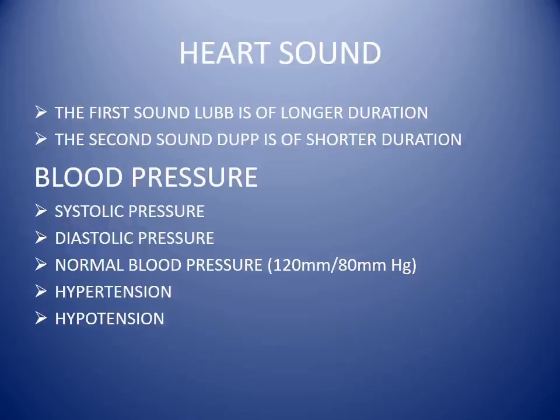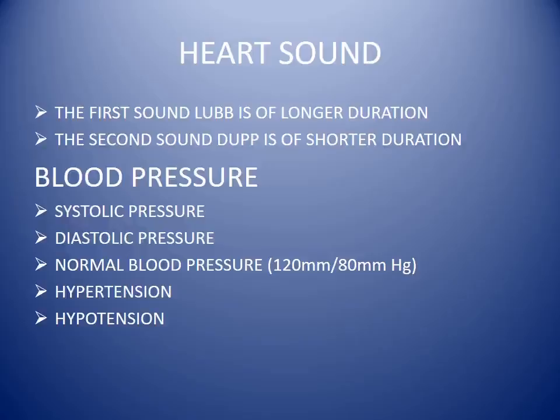What is systolic pressure? During ventricular systole, the left ventricle contracts and forces blood into the aorta. The pressure rises to the peak, which is referred to as systolic pressure.